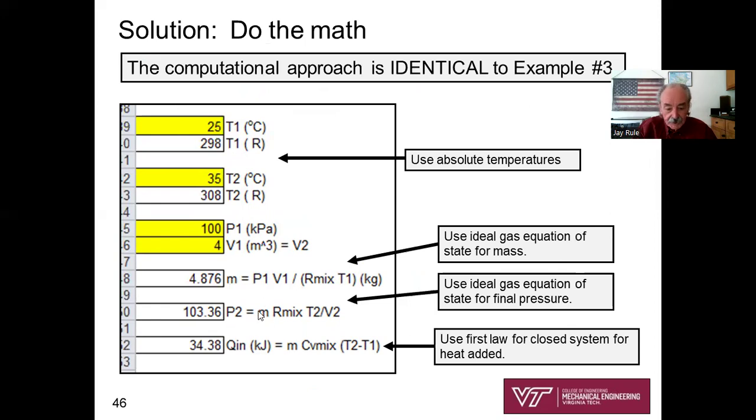P2, darn it, I still didn't write out my units for P2 of kPa, okay? 104. And then Qn, 34.4 kilojoules heat added. And so that falls right out. So do you see that these mixture problems can be very similar to problems that you've done in the third week of class?